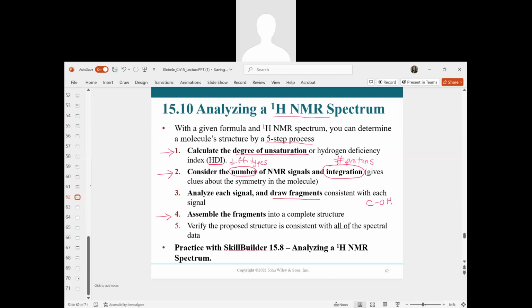We know that there are certain rules that apply to bonding patterns, such as carbon forms 4 bonds, oxygen likes to form 2 and have 2 lone pairs, etc. In our last step, after we assemble our molecule, we match up each of the peaks and make sure that all the spectral data is consistent with our proposed structure. So we'll follow this plan when we do our spectral analysis utilizing proton NMR.